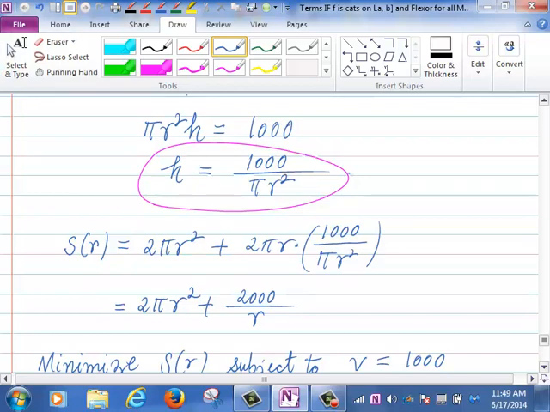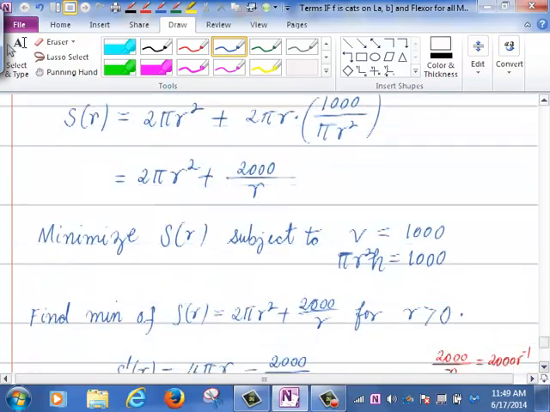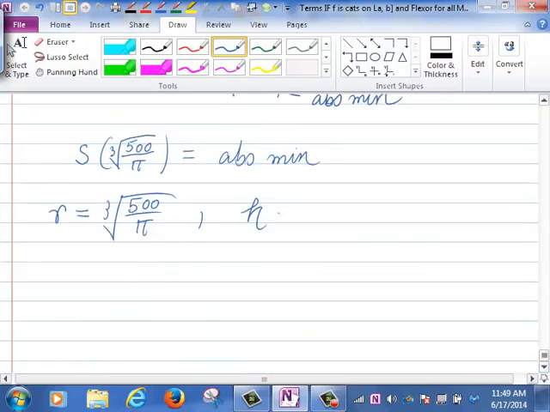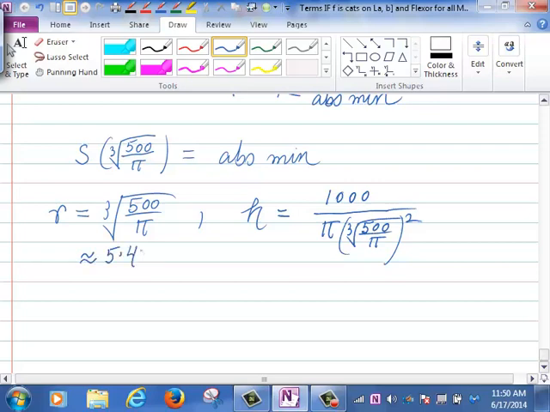So h would be 1000 divided by pi times the cube root of 500 over pi, squared. That would be my height. Again, use your calculator. So r is about 5.4, somebody told me, and I think that's the right number.